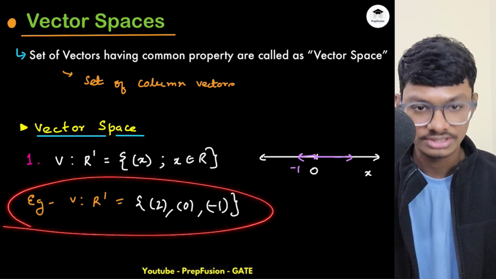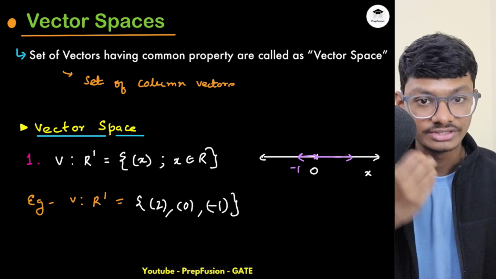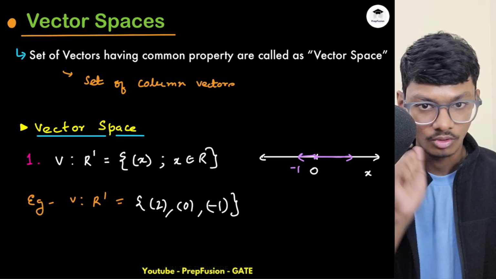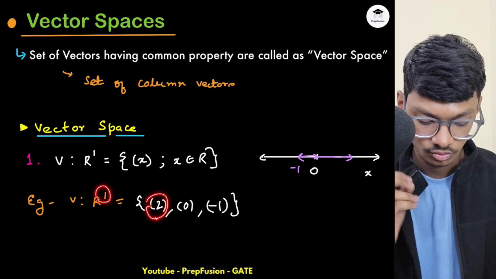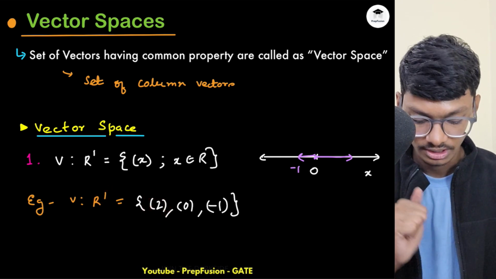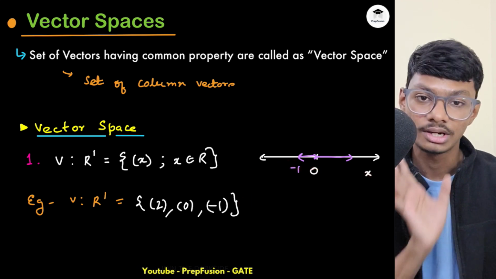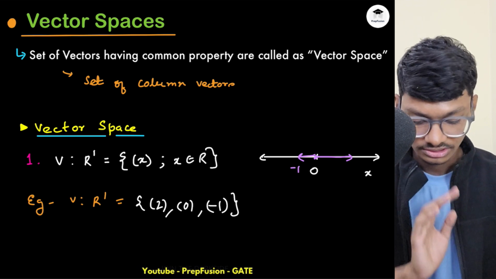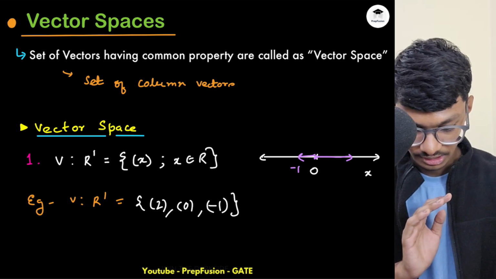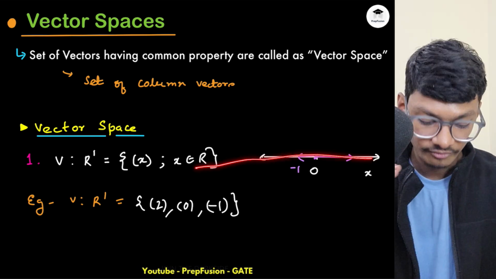Now here I've written one example, like v is a vector space which has all real numbers and dimension is 1, hence it can be written like this, 2, 0, minus 1. And in the number line, visually, what does this represent? This is a number line, so this only represents one dimension, that's why I have only one line.